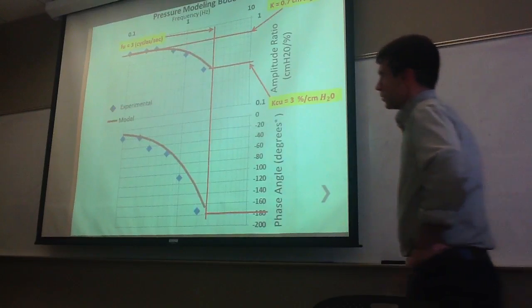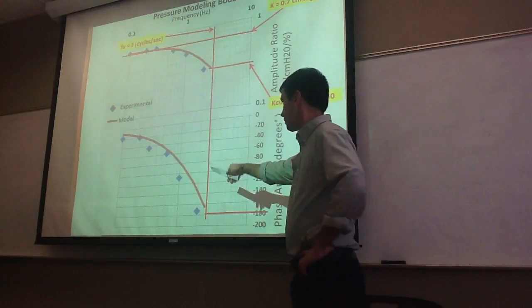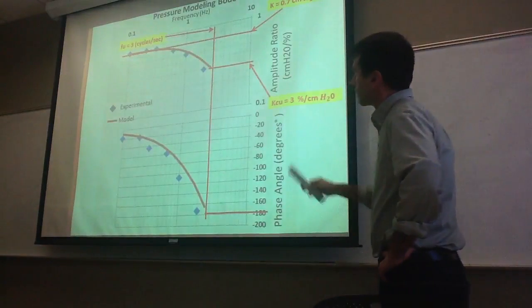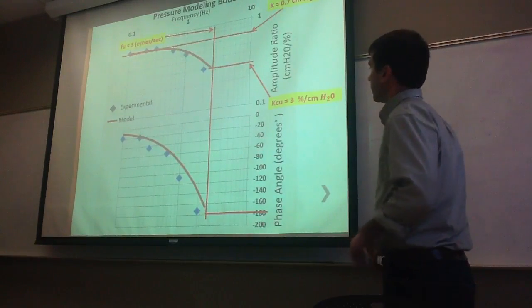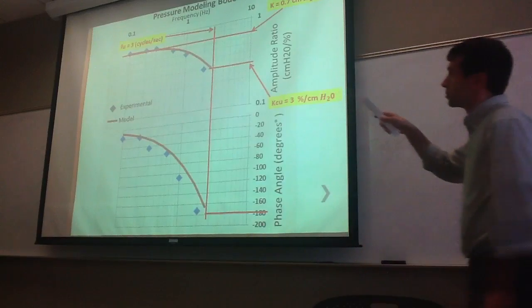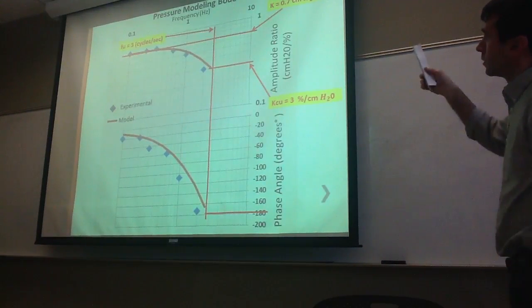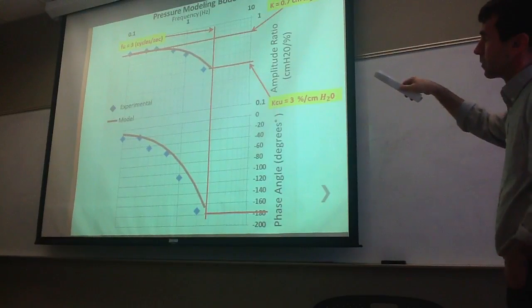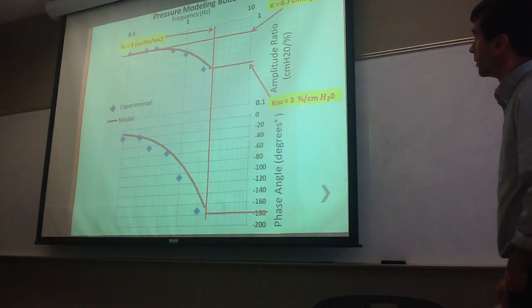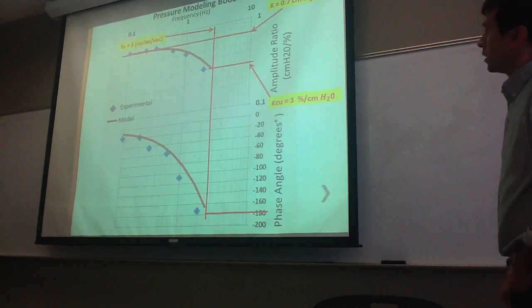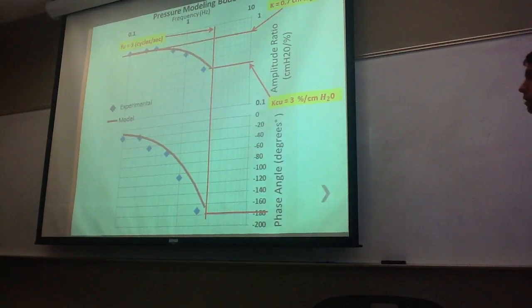A few points there, the phase angle is a bit further away. And we found the ultimate frequency to be 3 cycles per second. The gain, same as with the experimental, 0.7 centimeters of water per percent. Ultimate control gain, 3 centimeters of water per percent.